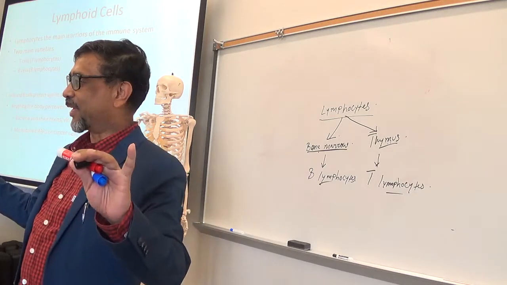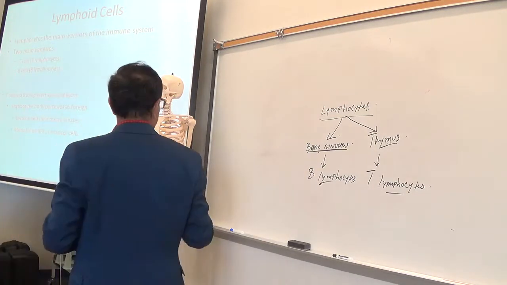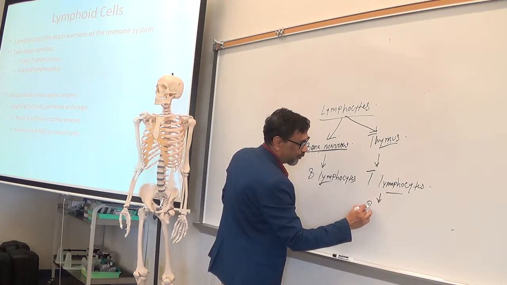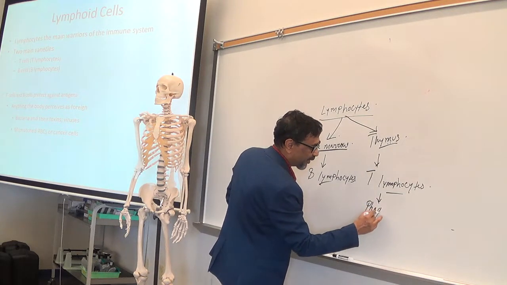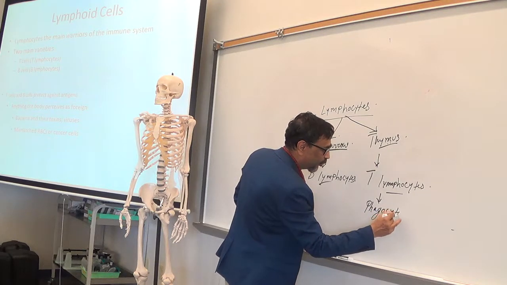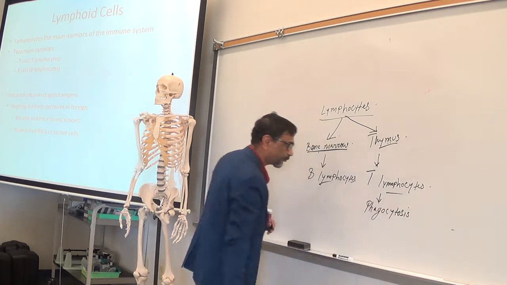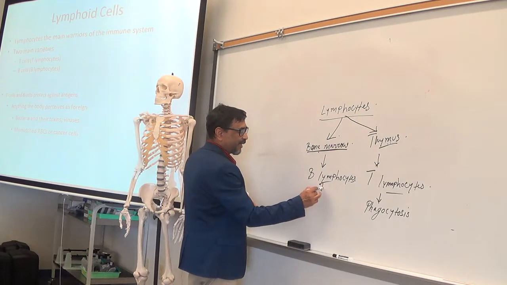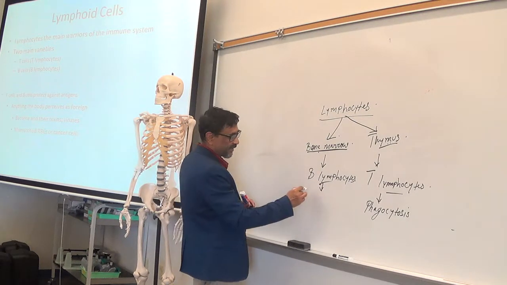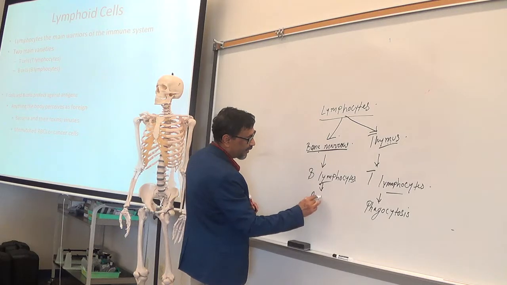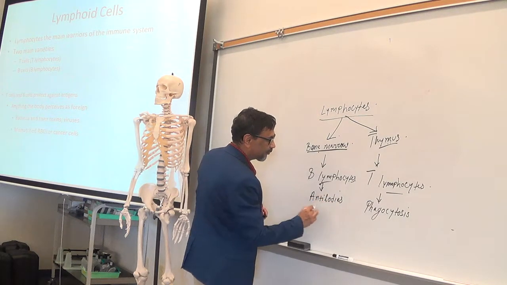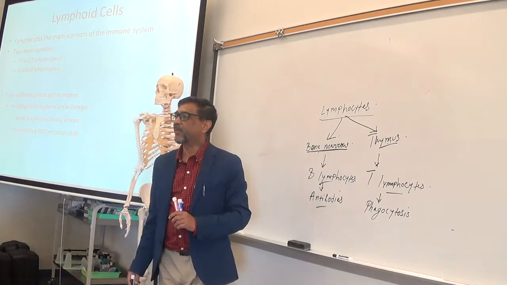T lymphocytes learn mainly to do phagocytosis. B lymphocytes mainly learn to secrete antibodies. Okay, secrete antibodies.